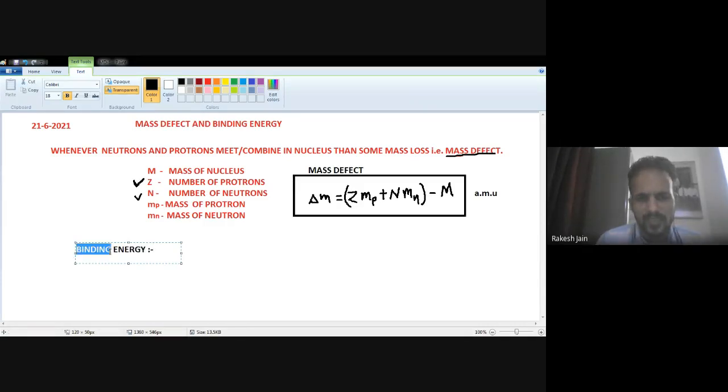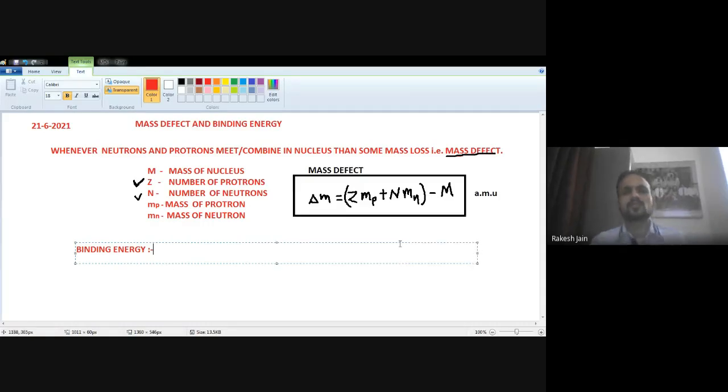Binding energy is completely related to the mass defect, and correlates with it in opposite terms. So binding energy is the energy required to break the nucleus of any atom into protons and neutrons. I will write down the definition of this binding energy.